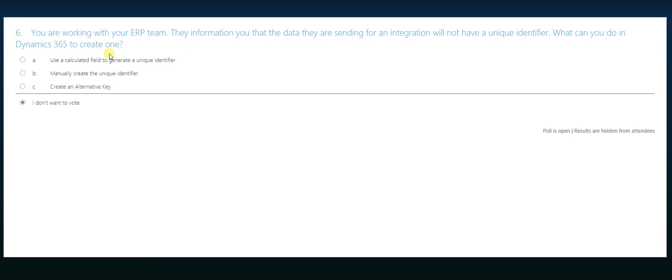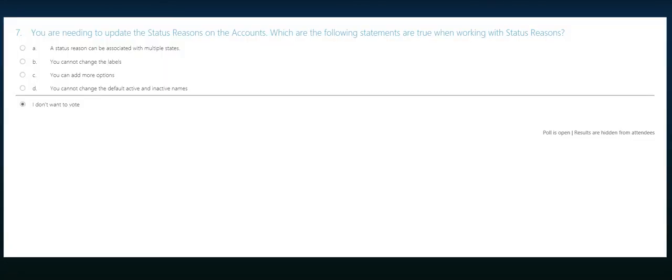All right. Create an alternate key is the correct option. And it's called an alternate key. I see here there's a typo that says create an alternative key. It is called an alternate key.